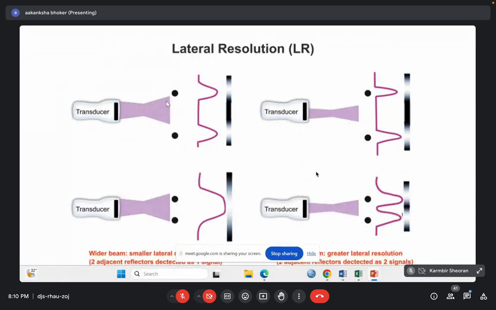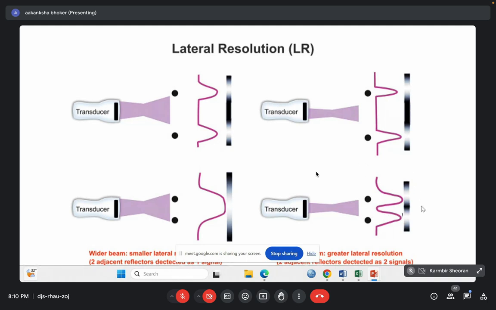Similarly, for the lateral resolution, suppose two structures are lying laterally to each other, there is enough space, then it does not matter whether we are using a high beam width or a low beam width, they will be perceived as different. यहाँ पे अलग से आ रही है इसका signal, ये अलग है, इधर अलग है. लेकिन अगर यही दोनों structures का distance आपस में कम हो जाएगा, then at that time if we are using a wide beam transducer, the signal will come as a single. लेकिन अगर हमने इसी की जगह पे narrow beam transducer कर दिया तो इसका signal अलग से आएगा, इसका signal अलग से आएगा.